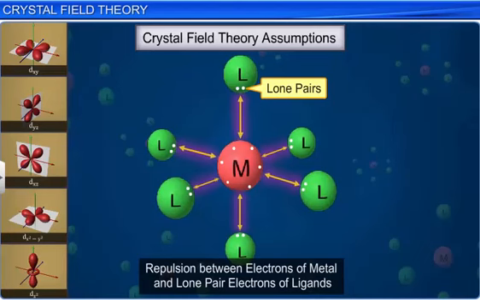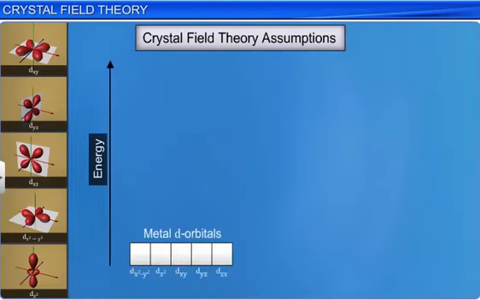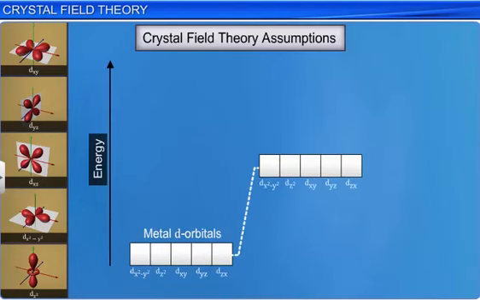As a result, the energy of the d orbitals increases and the degeneracy of the d orbitals is lifted. It results in the splitting of the d orbitals.